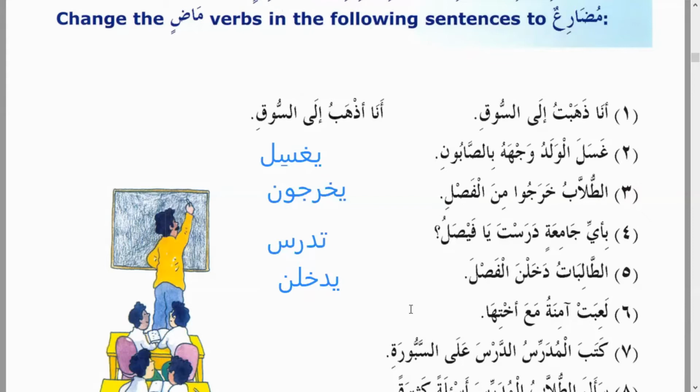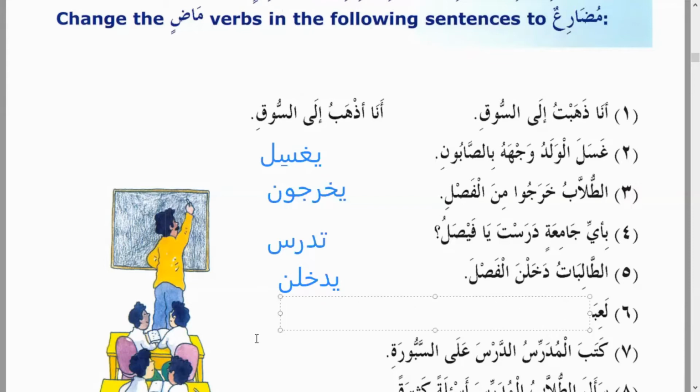لعبت آمنة مع أختها. Amina played with her sister. So Amina is playing with her sister. تلعب. نعم. لعب is مضارع is يلعب.